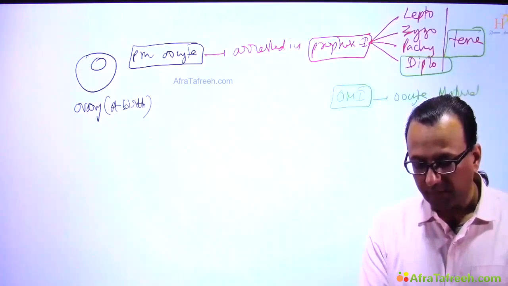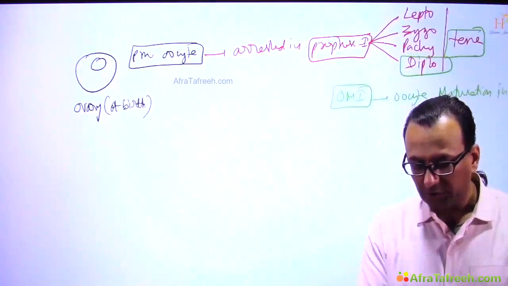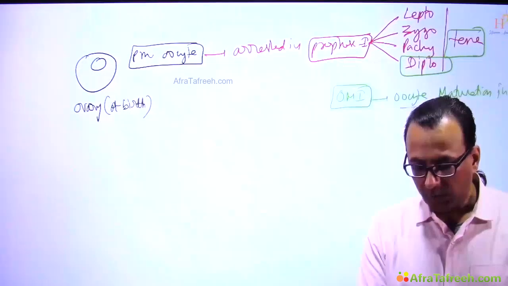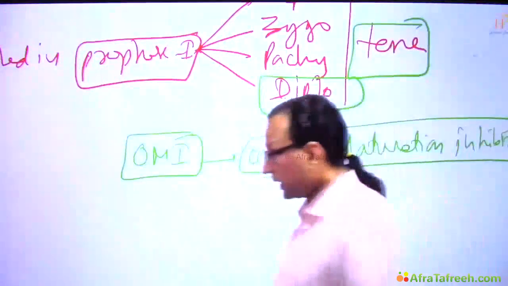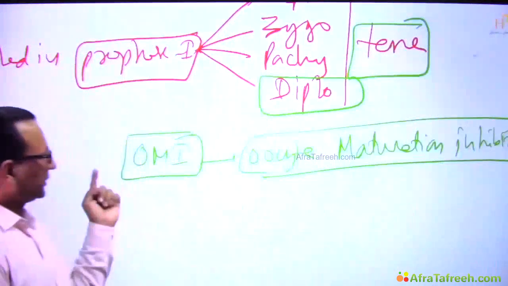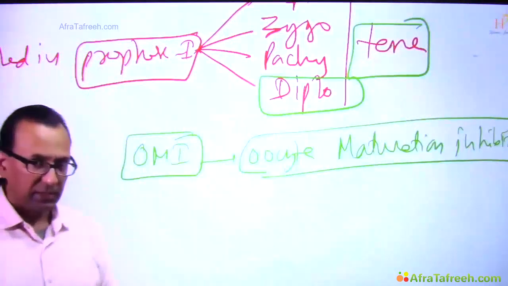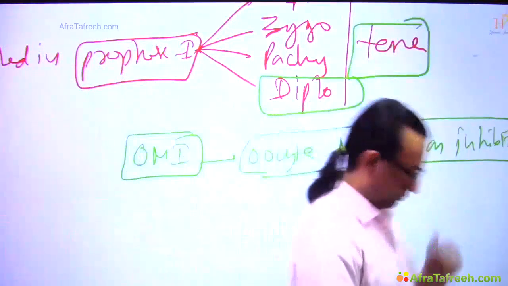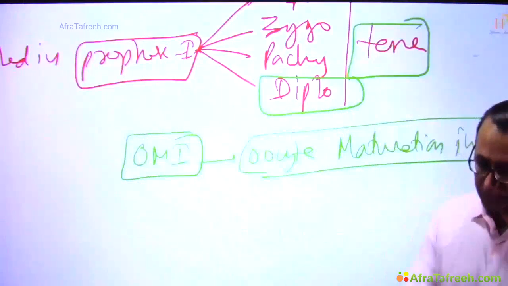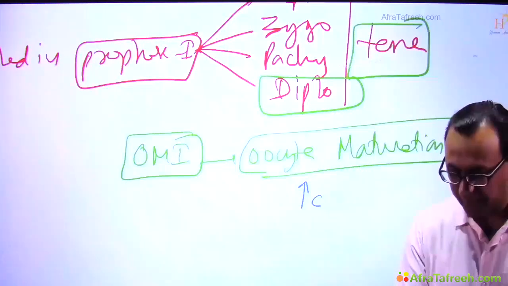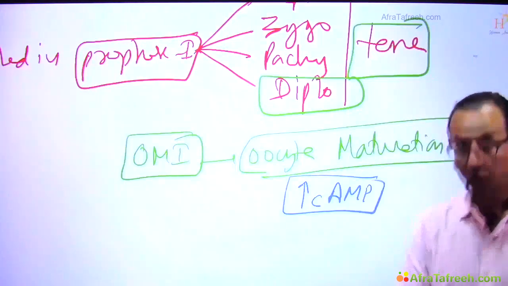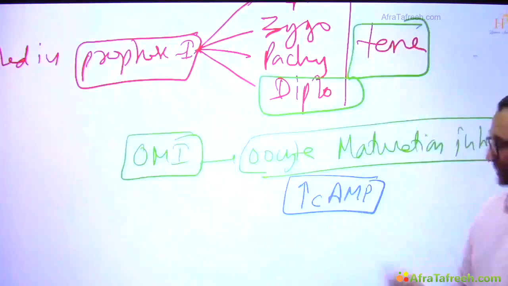Now, what is this exactly doing? See, this oocyte maturation inhibitor is affecting the cyclic AMP. It will actually increase the level of cyclic AMP, causing the prophase arrest.